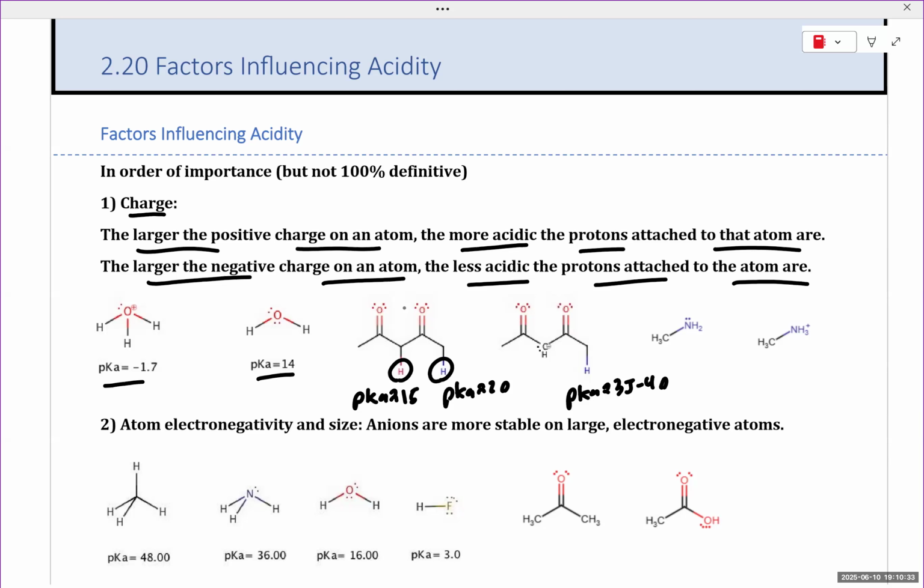So when you have more negative charge on a molecule, it becomes harder and harder to pull off successive protons. We can even see this with amines, where a normal amine has a pKa of around 35, while a protonated amine has a pKa of around 9. So charge has a very dramatic effect on proton acidity.